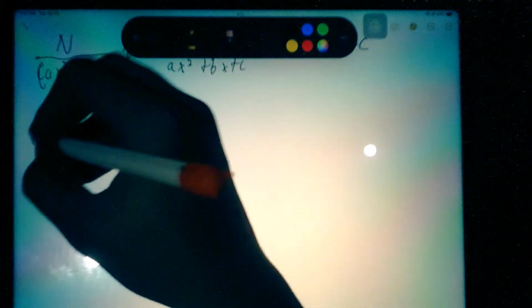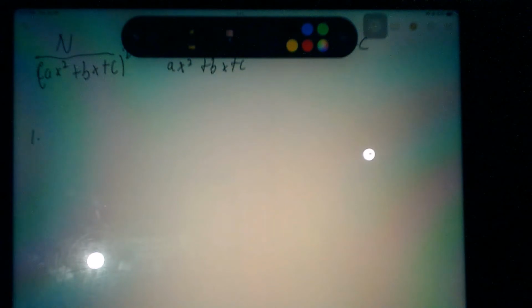Now we move on to our first example, case number 3.